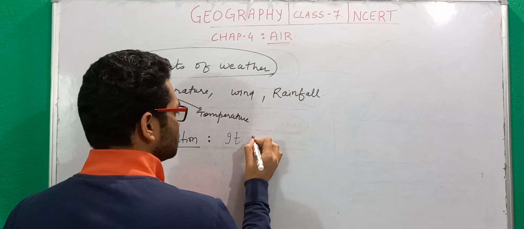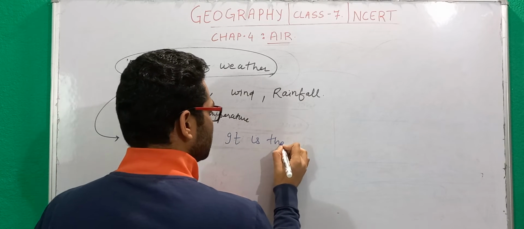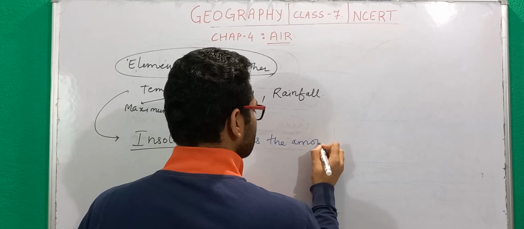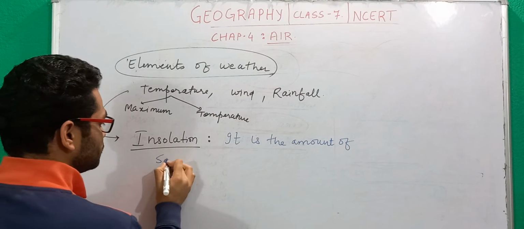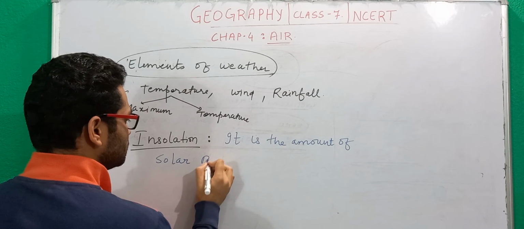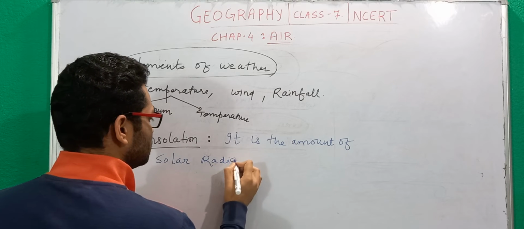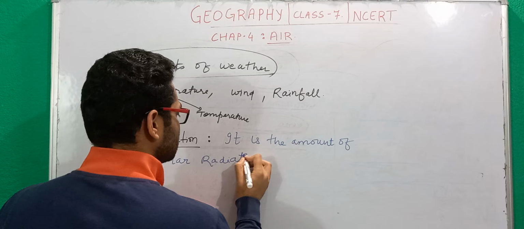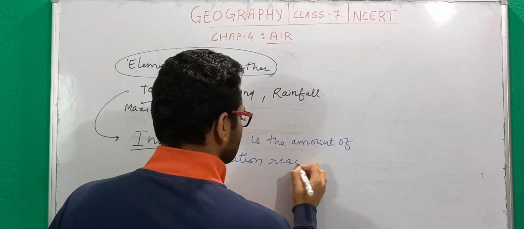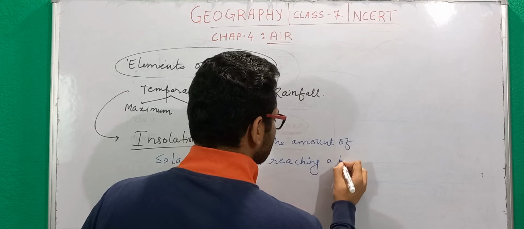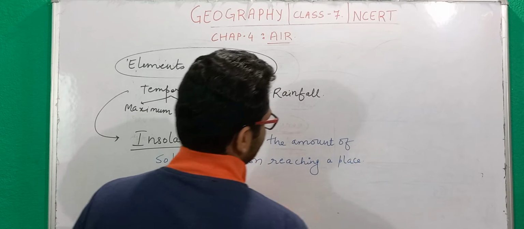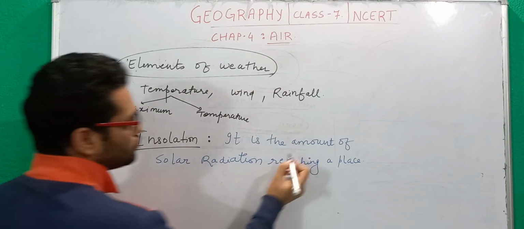It is the amount of solar radiation reaching a place. It is the amount of what? Solar radiation.